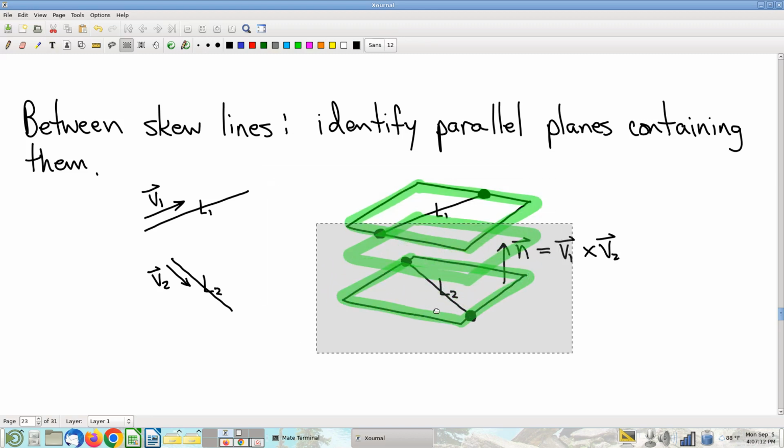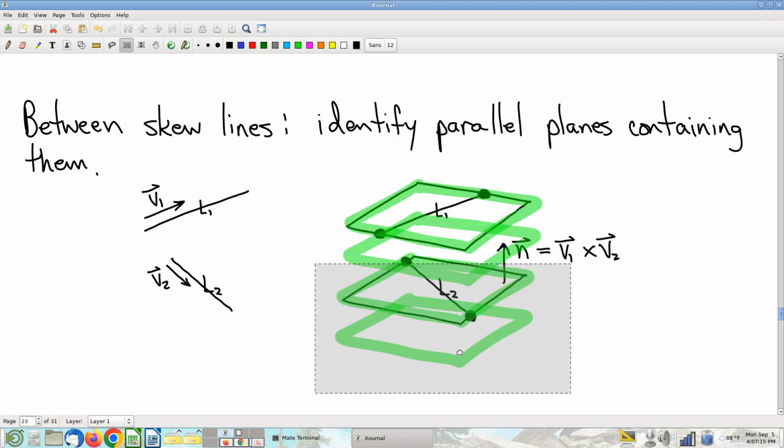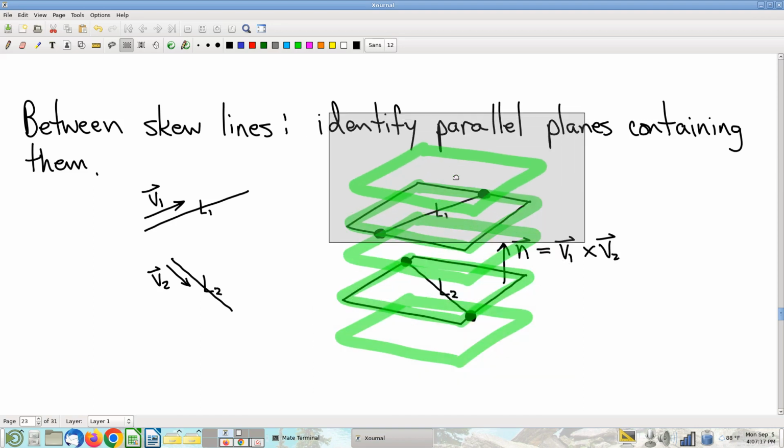There's a bunch of these planes that are parallel to both V1 and V2. There's going to be one of them that's going to contain that line, and then a different one of them that's going to contain this other line. Does that make sense?